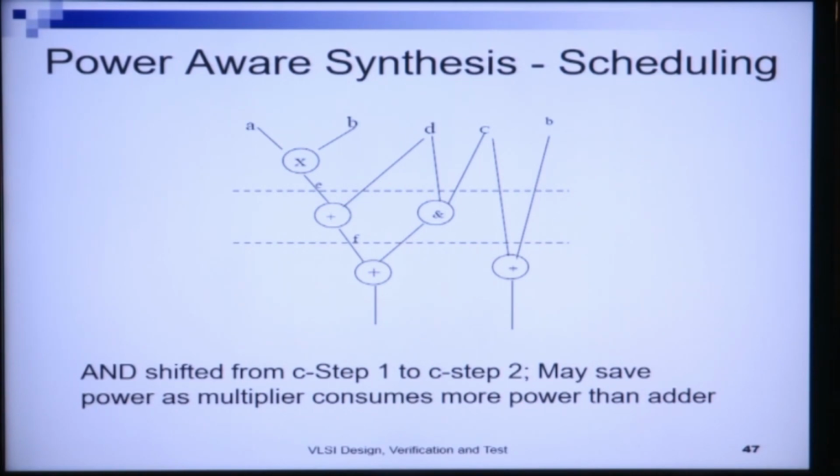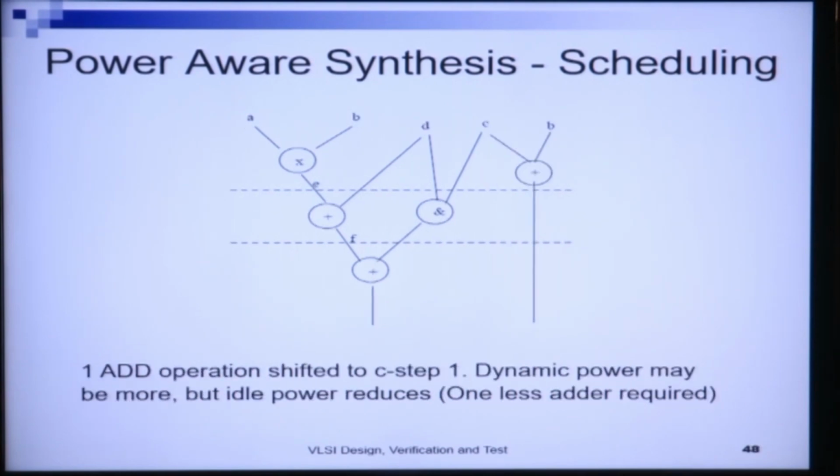And therefore, when we bring this operation from C step 1 to C step 2, it may result in lower power. This AND, when associated with addition, will give a lower power value than when this AND is associated with the multiplication in the first time step.